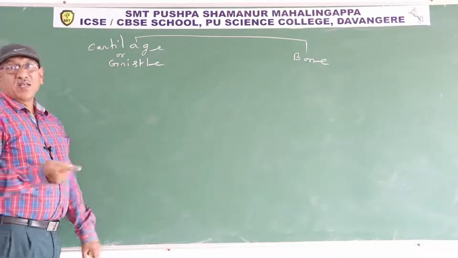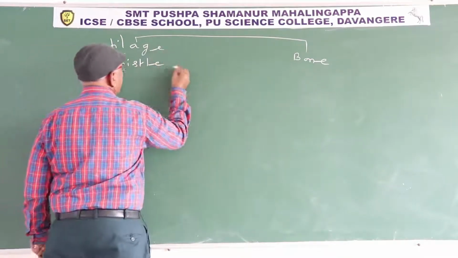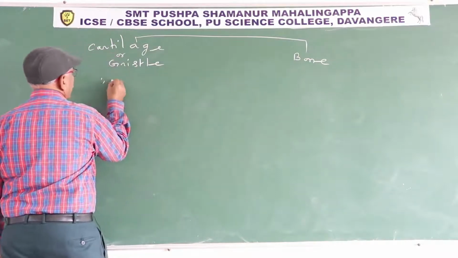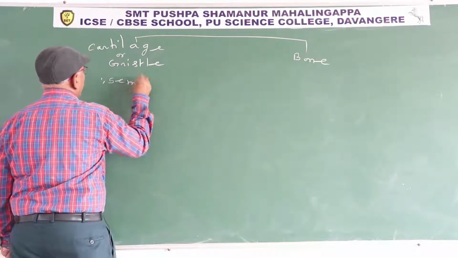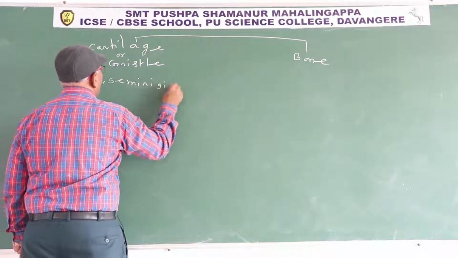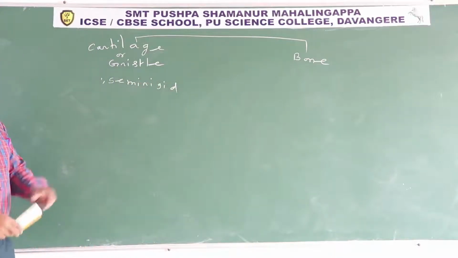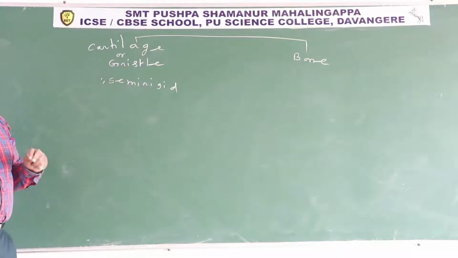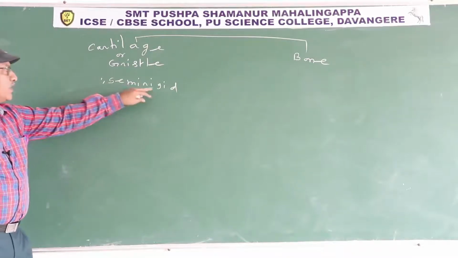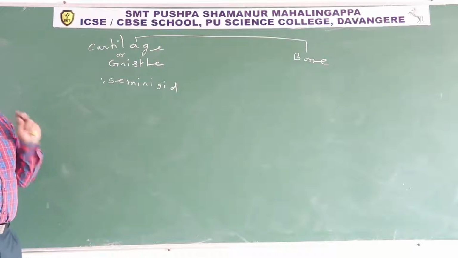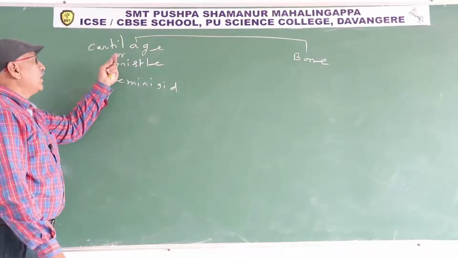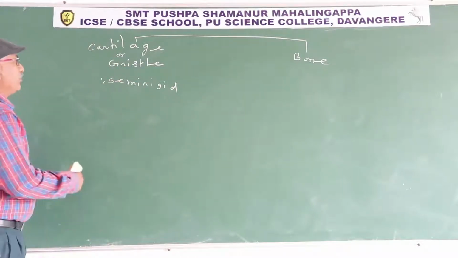Matrix of cartilage is semi-rigid. They may ask, write a short note on cartilage for 3 marks. Semi-rigid means partially hard. Another name of cartilage, gristle.